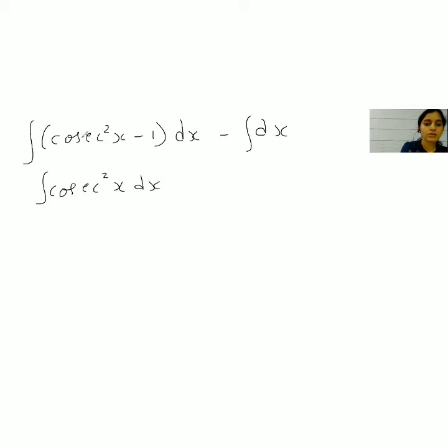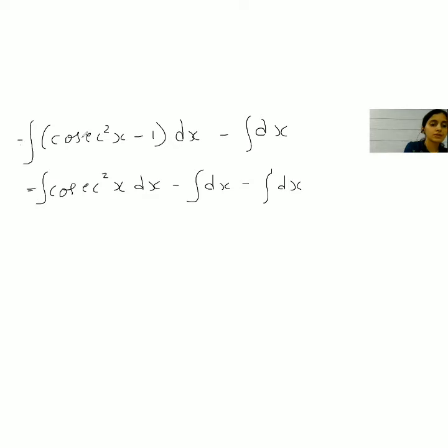So we can say integration of cosec square x minus 1 dx, okay, minus dx. So let's separate this also. You'll have integration of cosec square x dx minus dx minus integration of dx.